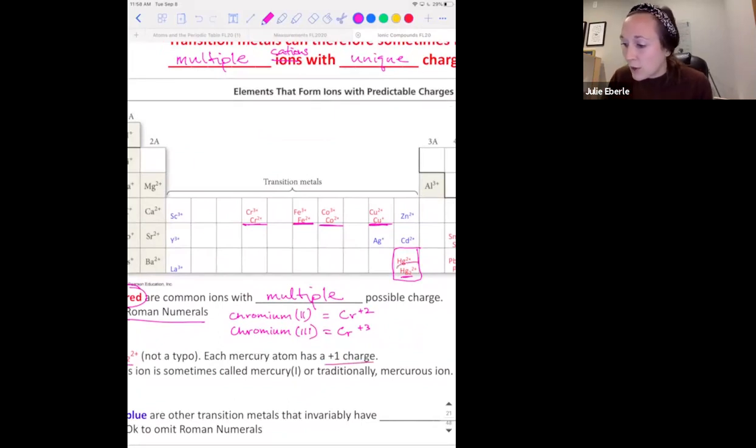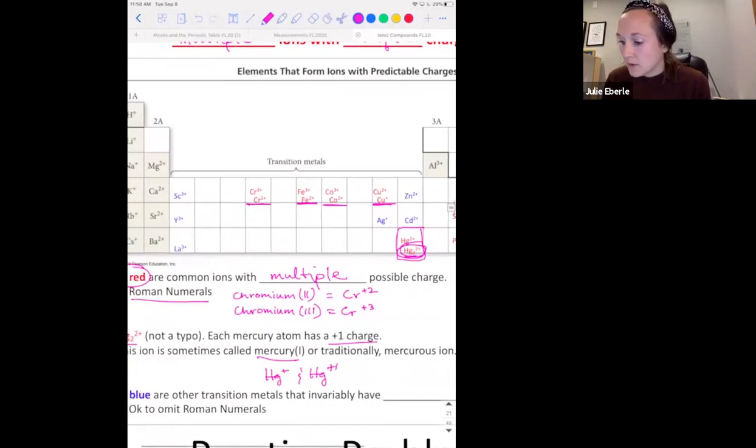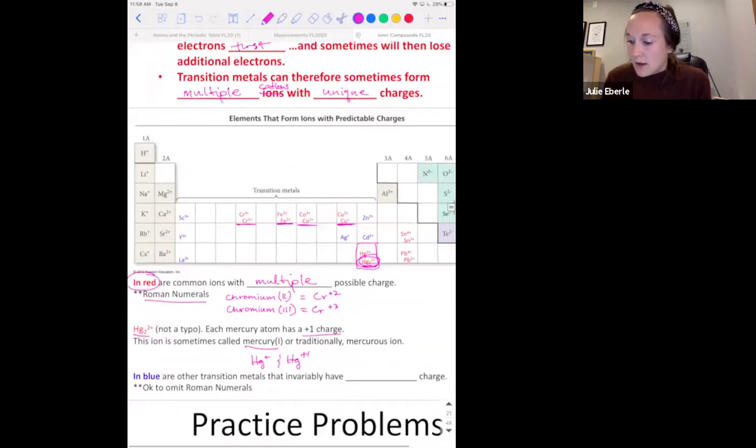So we call this one, because there's 2 atoms and overall there's a +2 charge, we call it mercury 1, because each mercury atom only has a +1 charge. And because there's 2 atoms, Hg +1 and Hg +1, they're together. Overall, you have a +2. Don't worry about mercurius. That is kind of a different system of naming. We don't have to worry about that in this class.